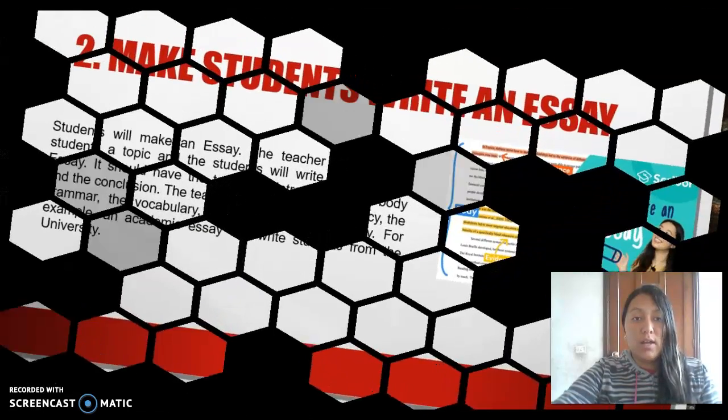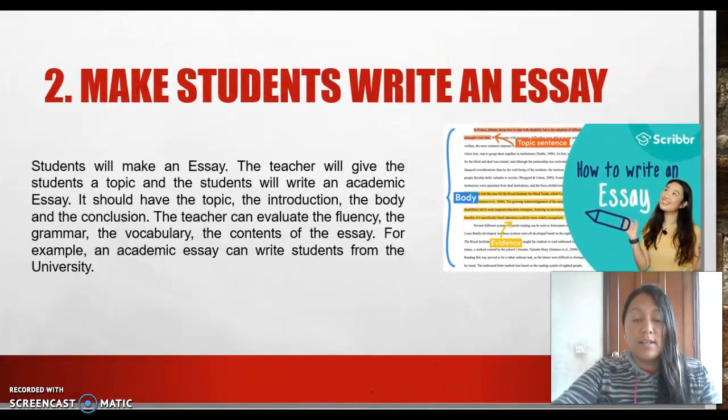The second task that I designed is to make students write an essay. This time we can evaluate the writing of our students because they are going to show us all the skills that they have through an essay. The students will make an essay. The teacher will give the students one specific topic and the students will write an academic essay.